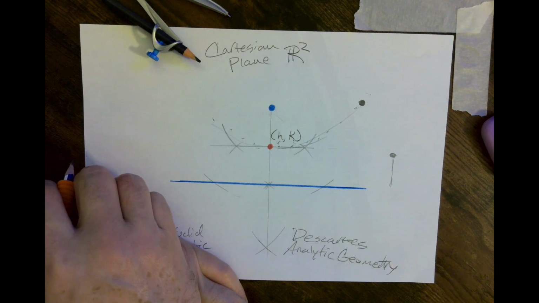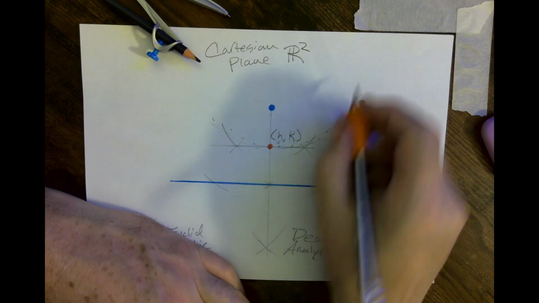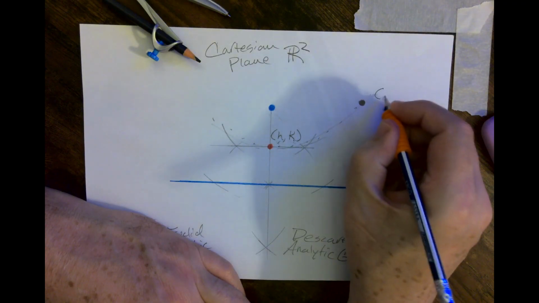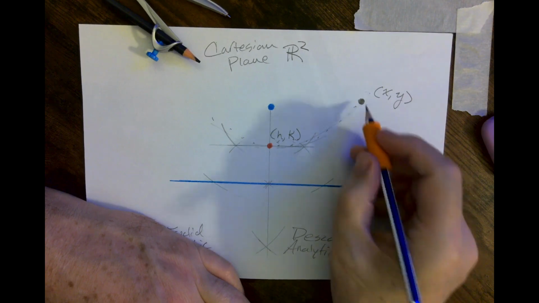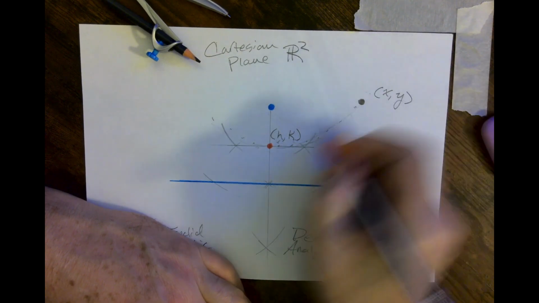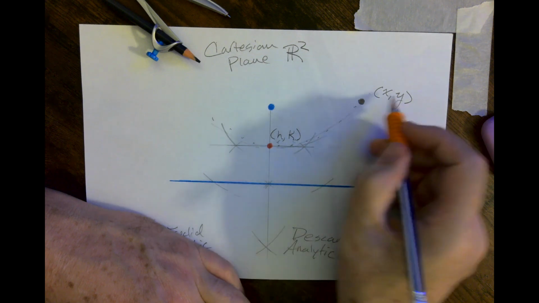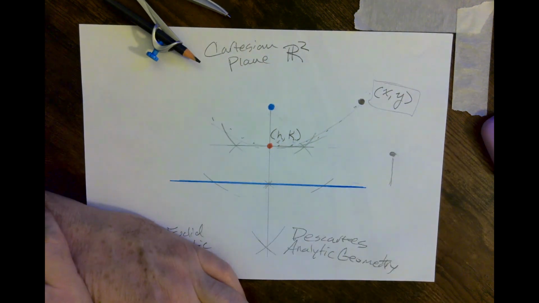It's a mystery point. It could be any point. We'll call it XY, because this is truly what we're talking about here, this set of points. So here's our XY.